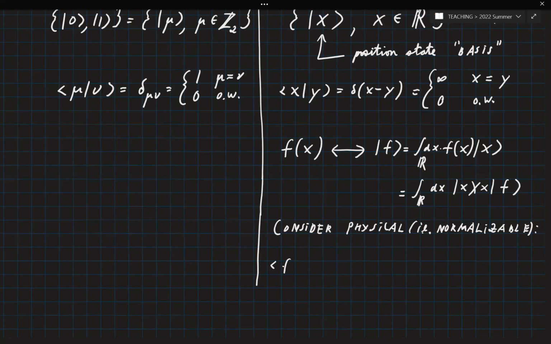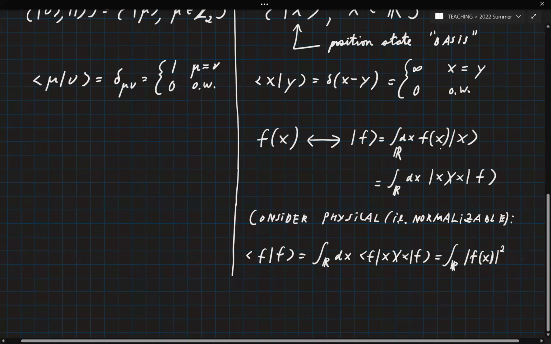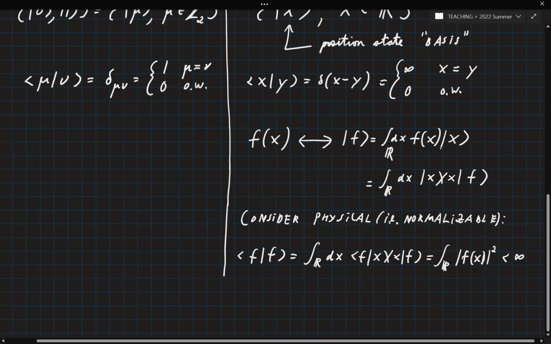But we want the norm of this vector, so the norm in this vector space, if you think of it as just a normal vector space, winds up being just the true norm of the function, and we want this to be finite.